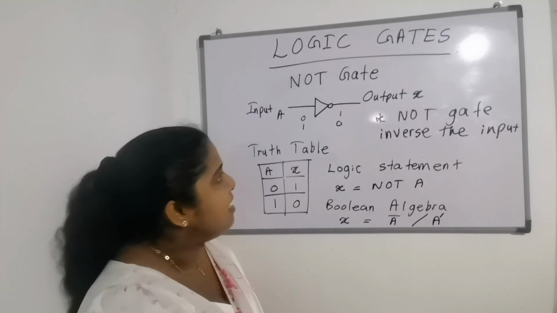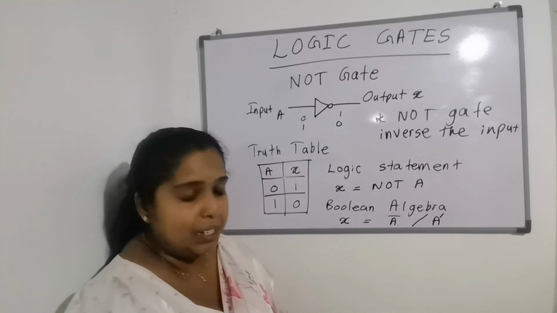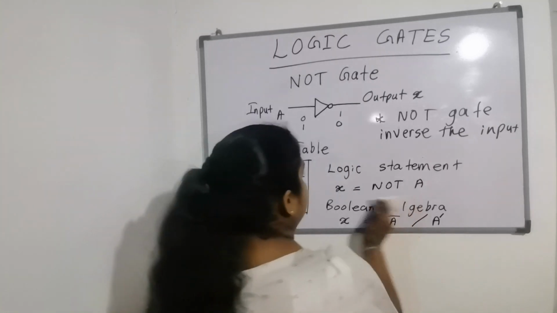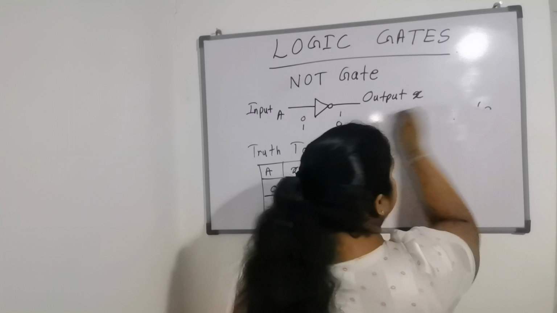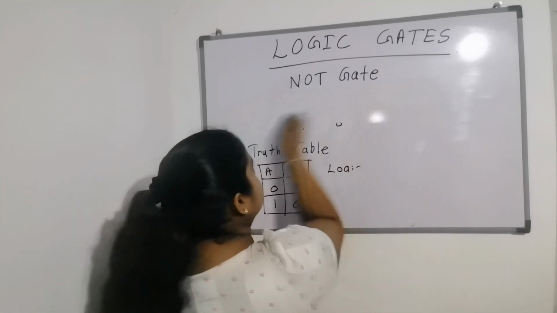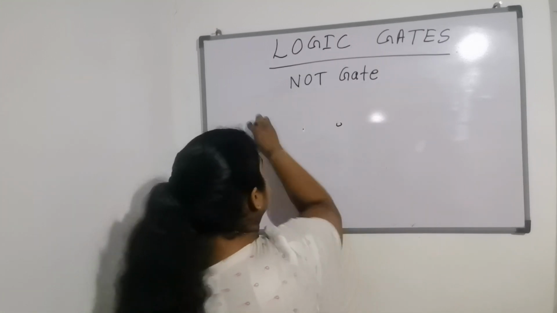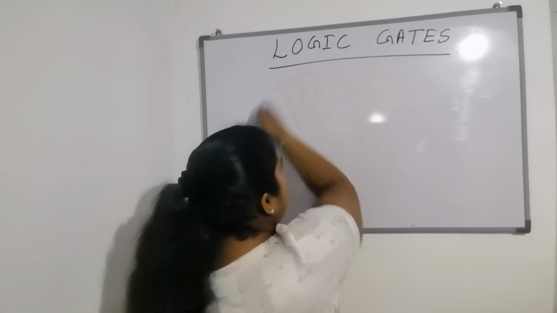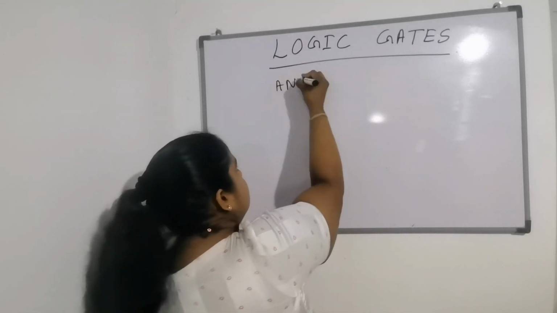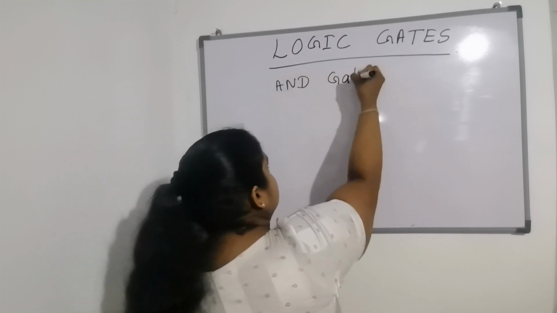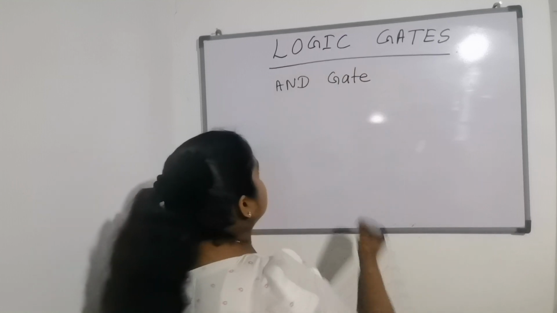Right. Then let's go to discuss about other logic gates. The next logic gate is about the AND gate. AND gate.